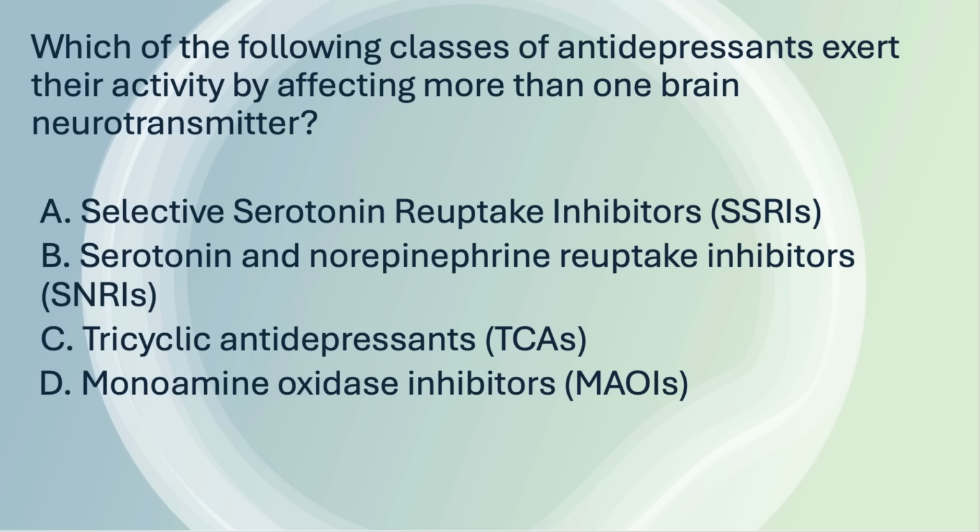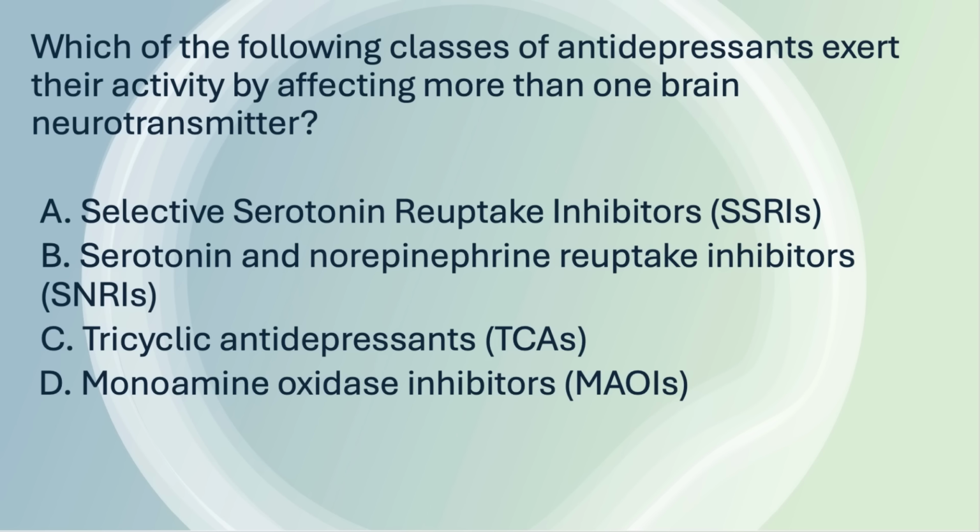A, selective serotonin reuptake inhibitors or SSRIs. B, serotonin and norepinephrine reuptake inhibitors or SNRIs. C, tricyclic antidepressants or TCAs. D, monoamine oxidase inhibitors or MAOIs. So A, SSRIs.